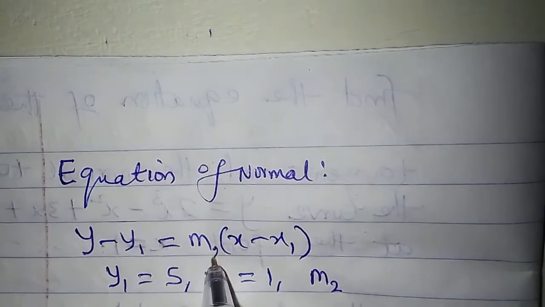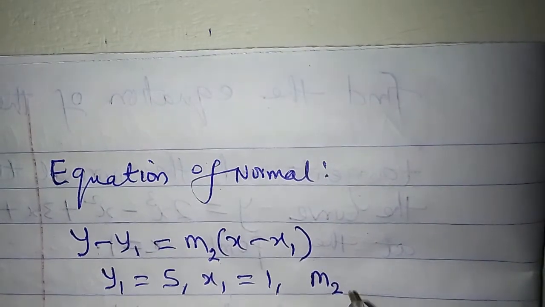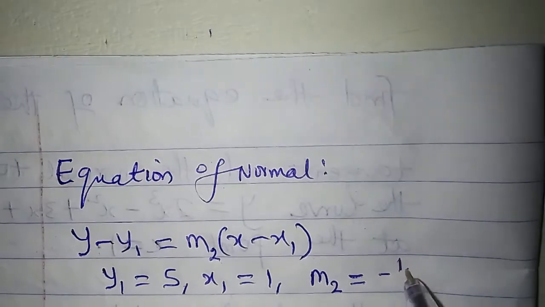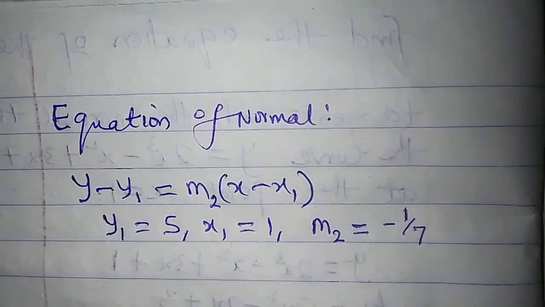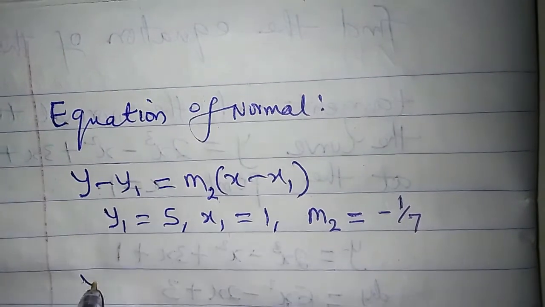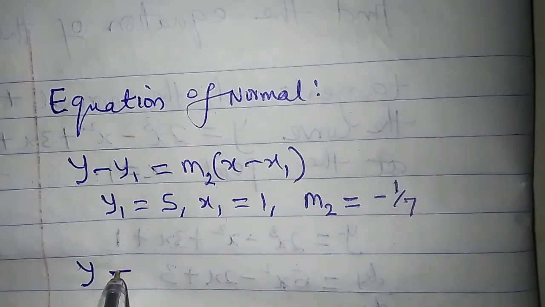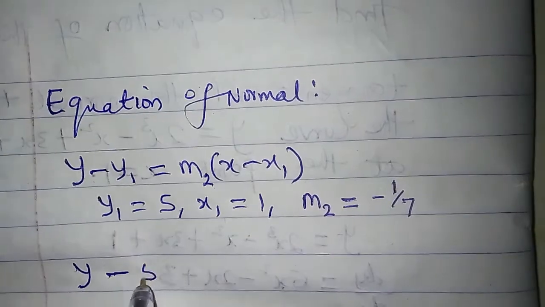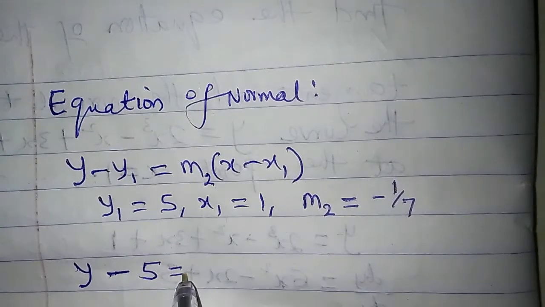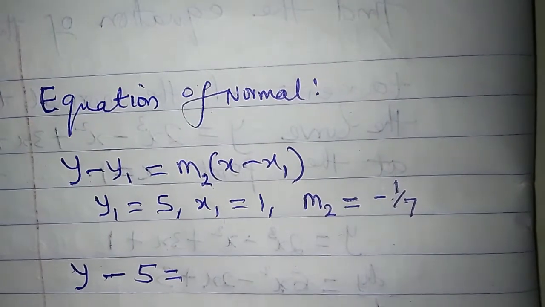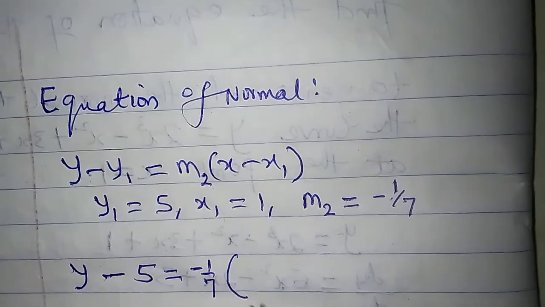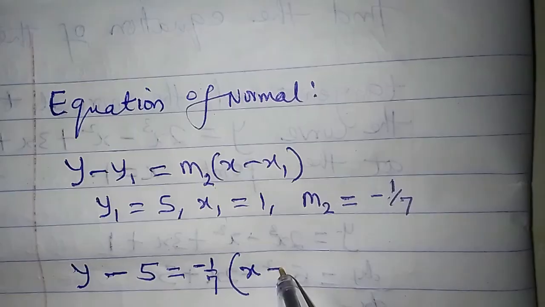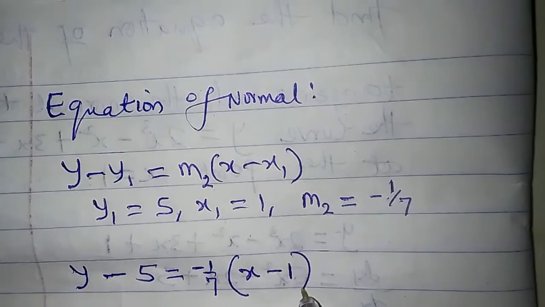Let me use m2 here, it doesn't spoil anything. m2 is equal to minus 1 all over 7. Okay? So this is the equation: y minus y1, which is 5, is equal to m, which is minus 1 over 7, times x minus x1. x1 is 1.